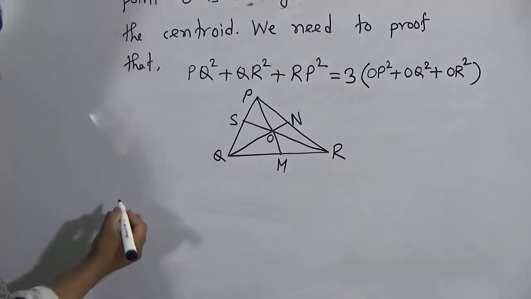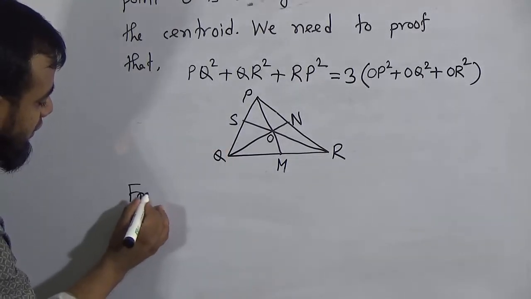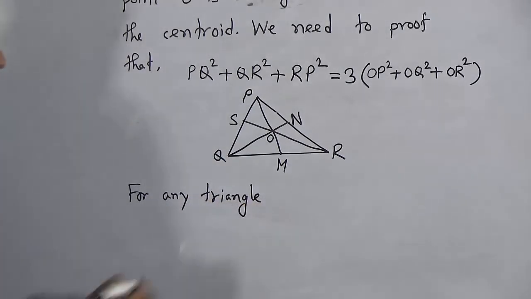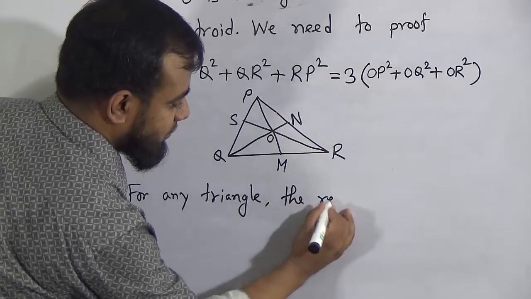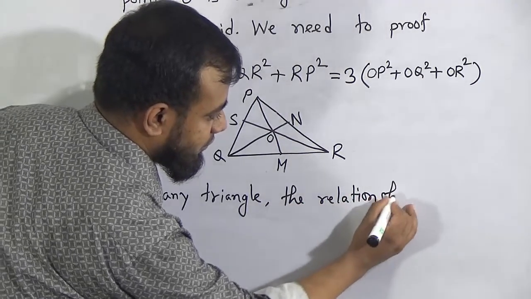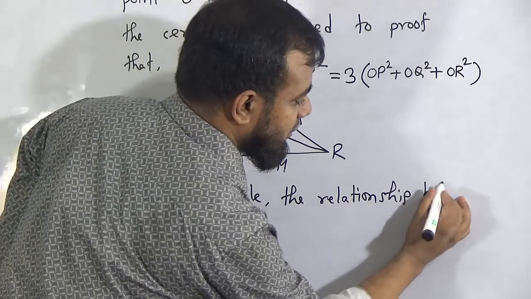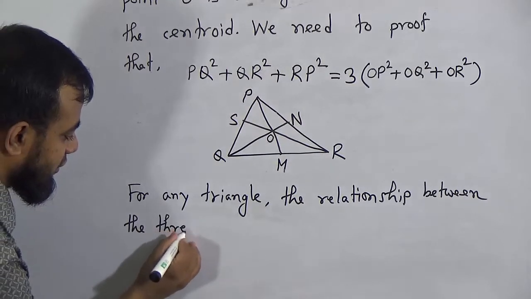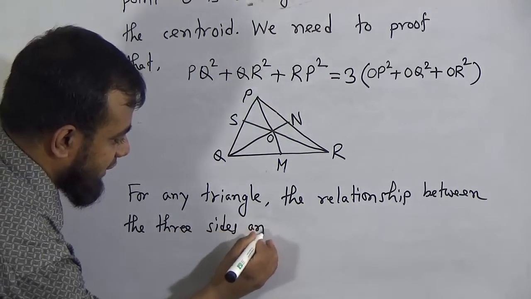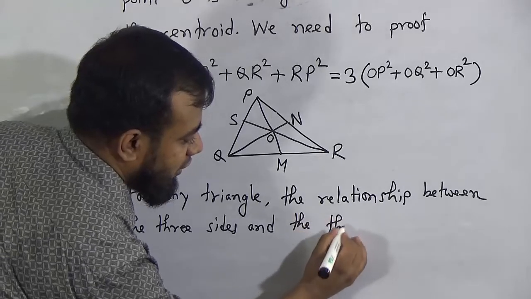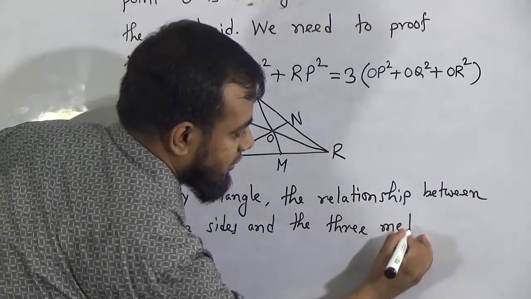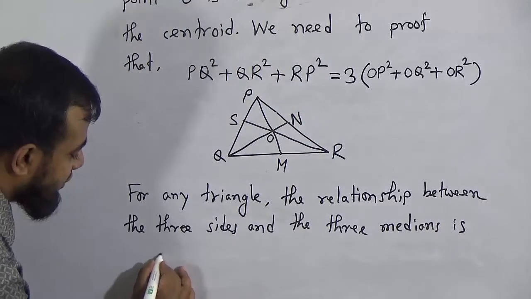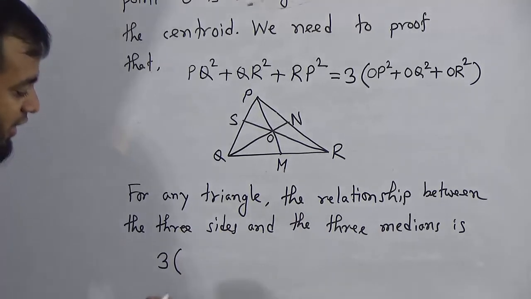That means for any triangle, the relationship between the 3 sides and the 3 medians is 3 times the sum of squares of the sides.